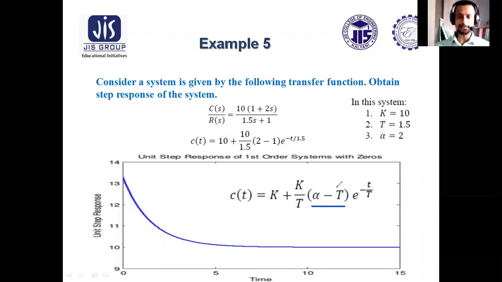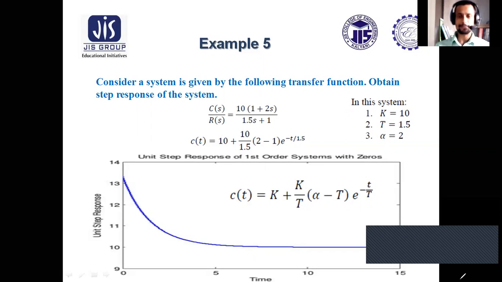As this term becomes positive, the entire term will become exponentially decaying. So at t equals 0, this term will become 1. As this term becomes 1, K by T, where K is 10 and T is 1.5, gives 20 by 3.